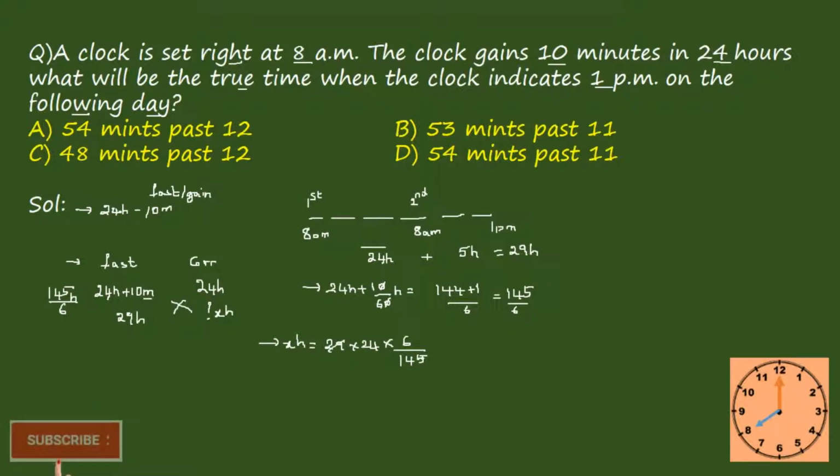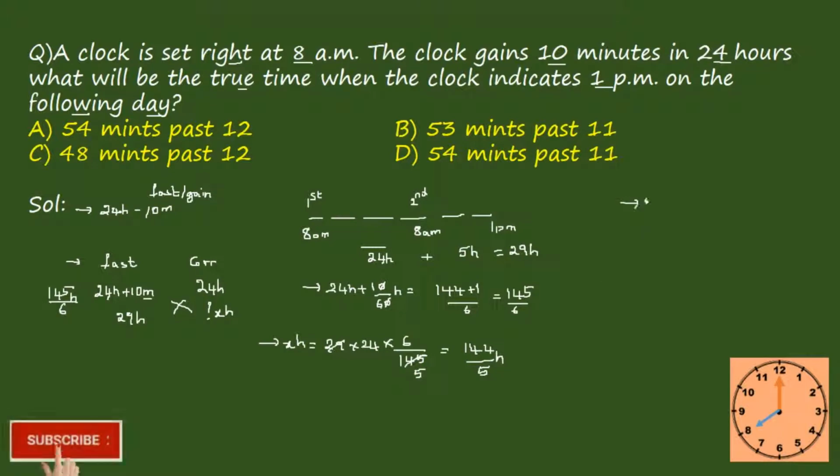It goes by 1s, it goes by 5s. So it becomes 6 into 24, it becomes 144 by 5 hours. So the clock shows the correct time after 144 by 5 hours. But see the options, it is talking about minutes, right? So we'll be converting everything into minutes.